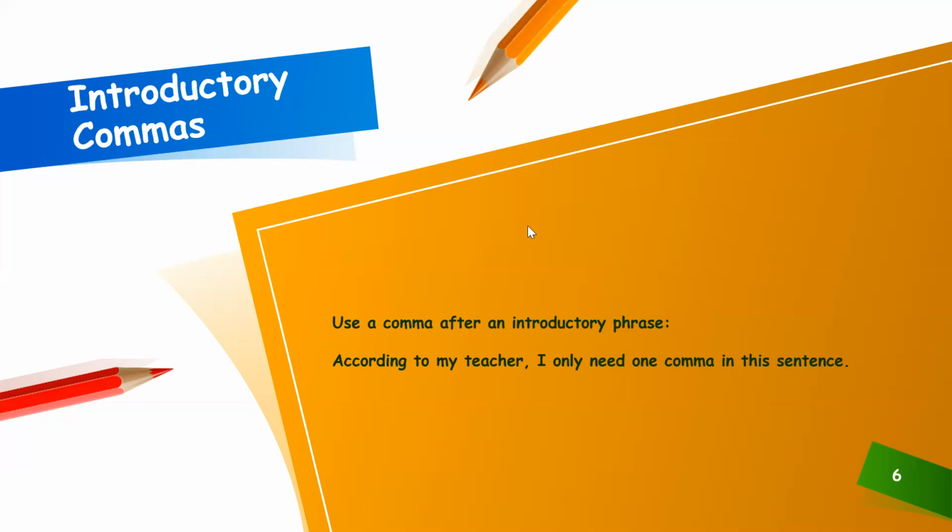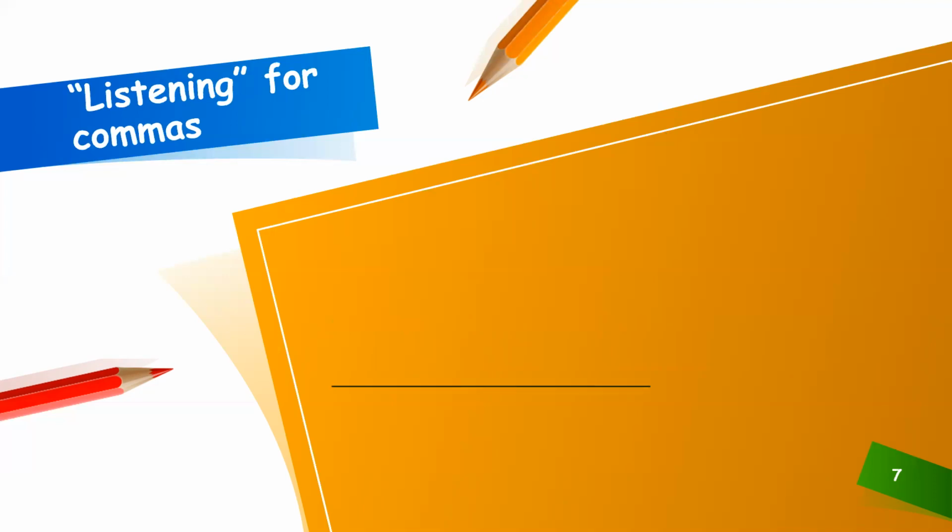All right. So we will move on to the next slide. And this is what I was talking about in terms of listening for commas. If you feel confused by a comma, or you're trying to look up the rule, or you just don't care enough to look up the rule, when you read a sentence out loud and pause slightly where you've placed your commas, it should sound right. If you read the sentence out loud and you find yourself naturally wanting to pause and there's no comma, chances are you need a comma.